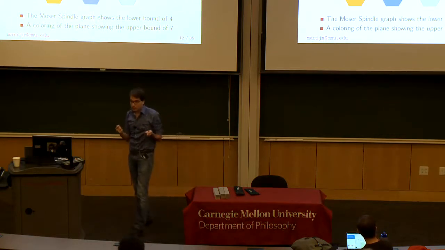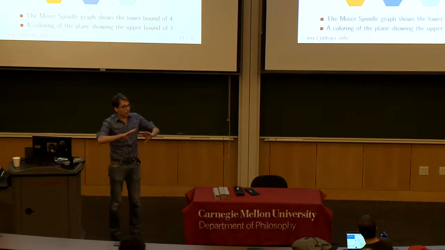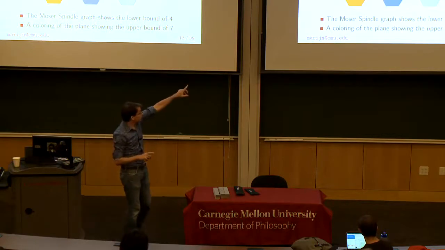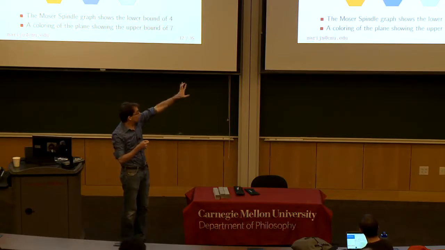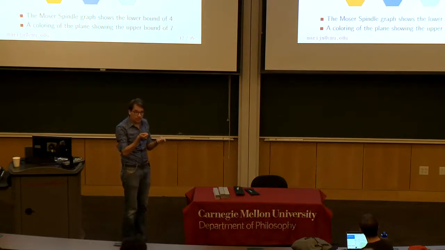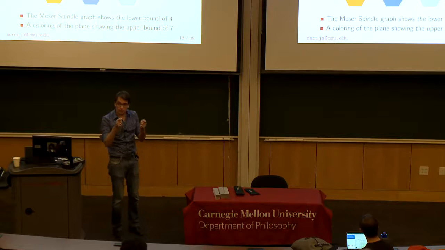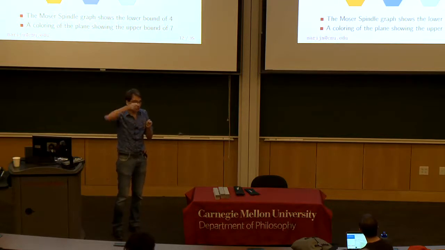This graph has chromatic number 4, so if it holds for these 7 points, it must also hold for the entire plane. And also there is a tiling with hexagons, the outer radius slightly smaller than 1. You can color it with 7 colors, such that in a single tile there's no distance 1, and also 2 tiles of the same color are more than distance 1 apart.